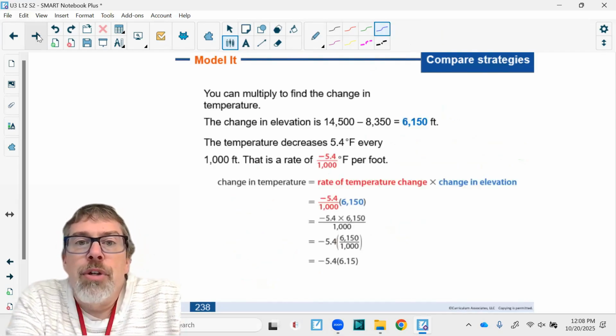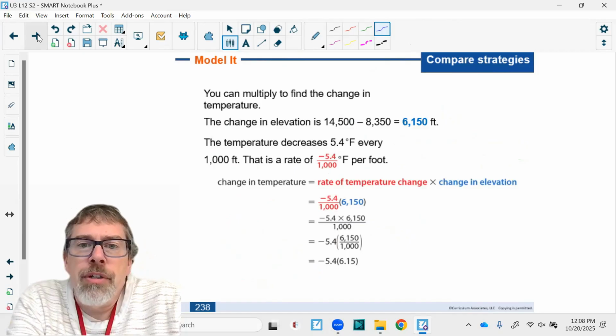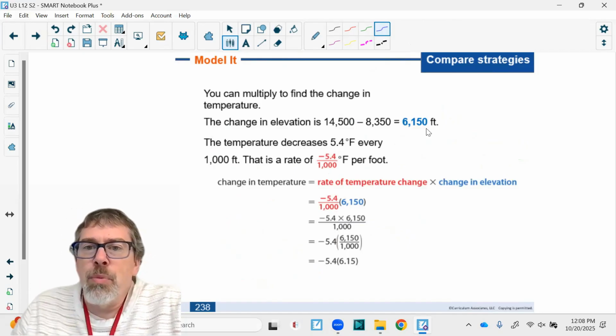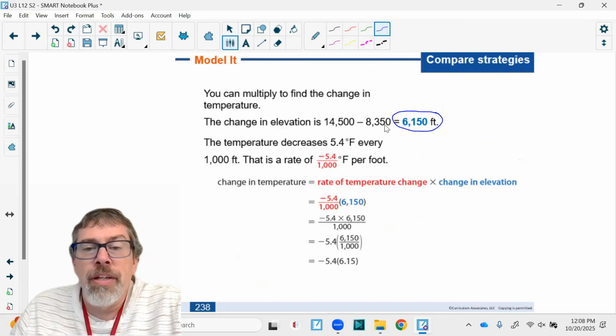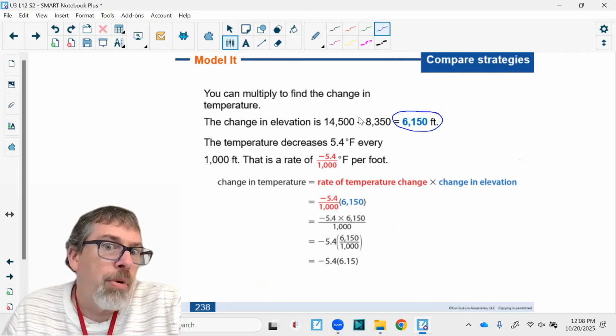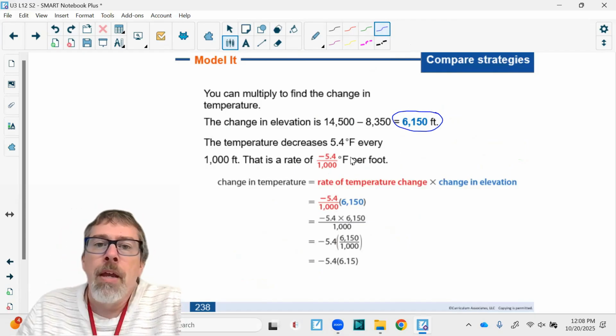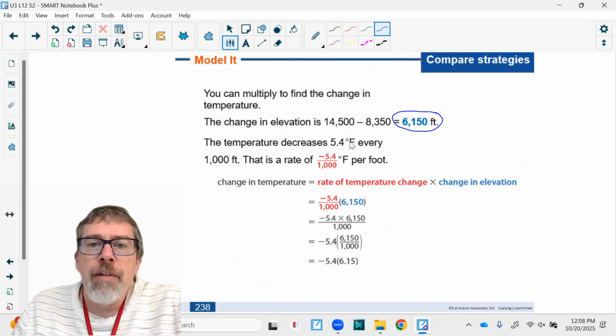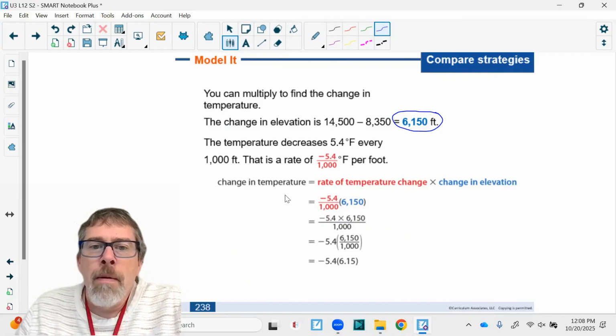Another way we could do it is you can multiply to find the change in temperature. So we got 6,150 feet by subtracting the starting point from the end point. And then it's decreasing 5.4 degrees Fahrenheit every 1,000 feet. That's at a rate of negative 5.4 per 1,000.